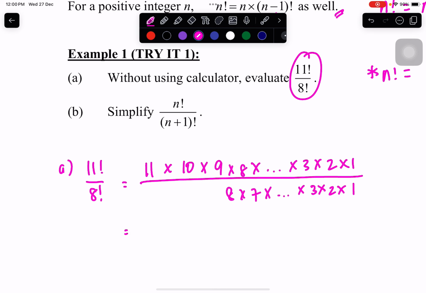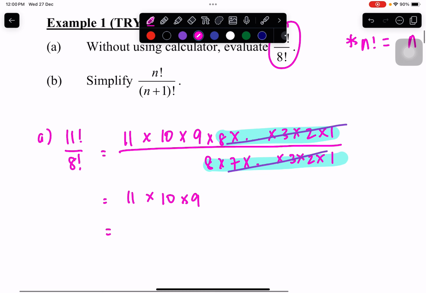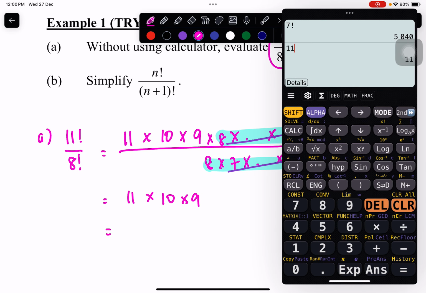You should see that the highlighted blue terms are basically 8 factorial. They are equal in value, so these terms can be cancelled. That leaves me with 11 times 10 times 9, which gives you 990.